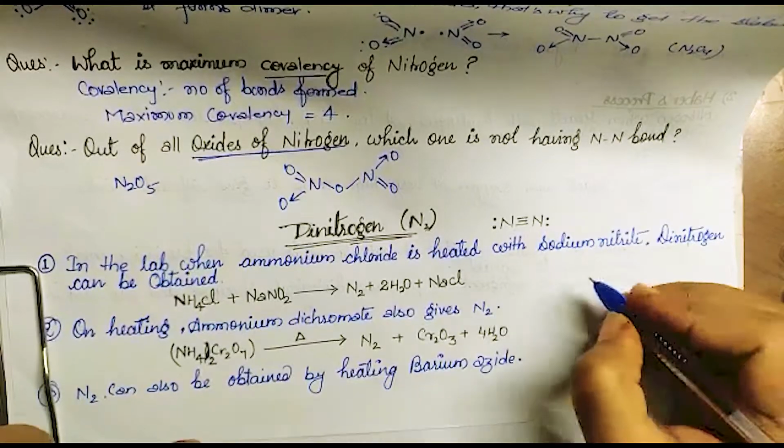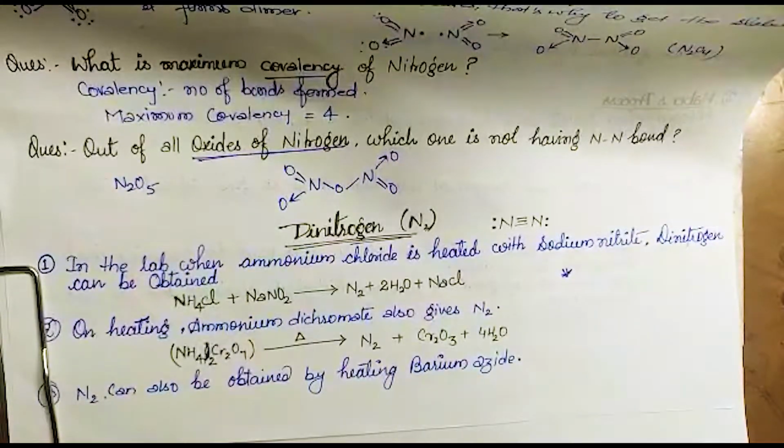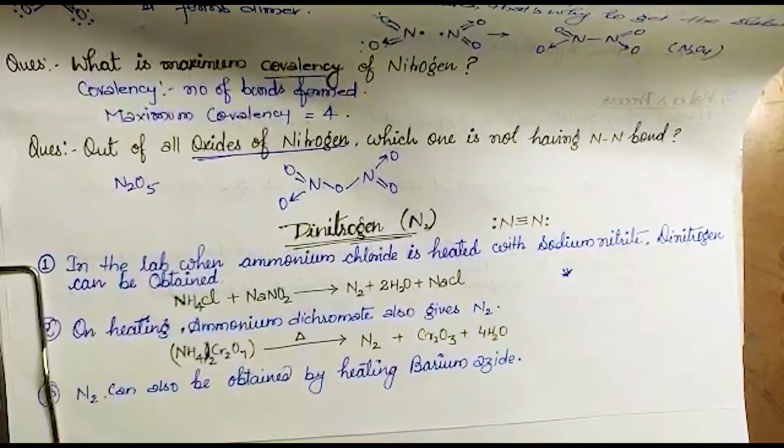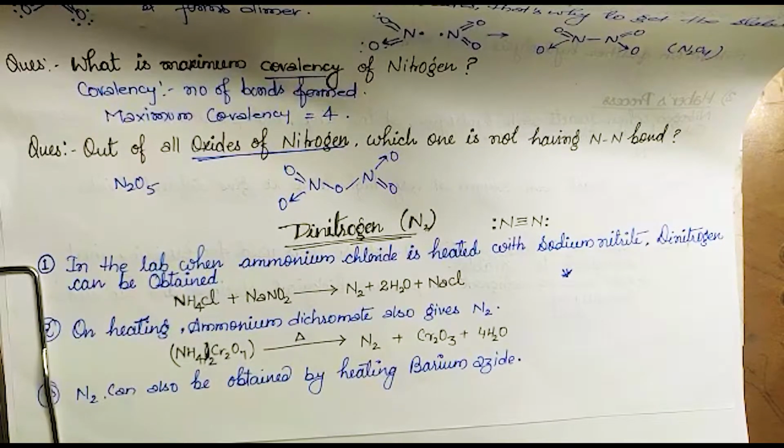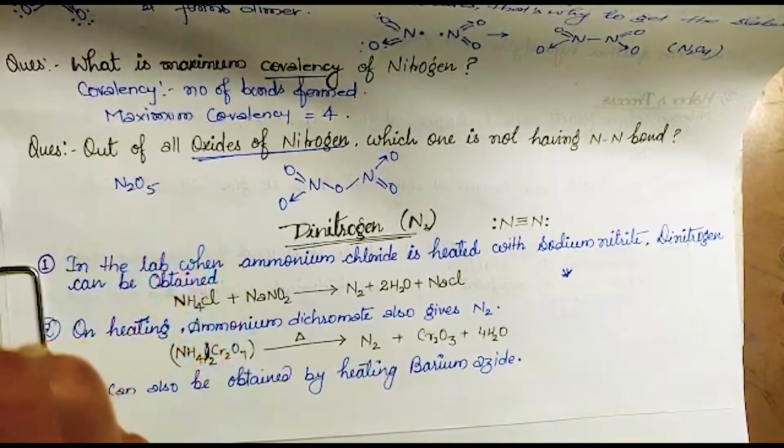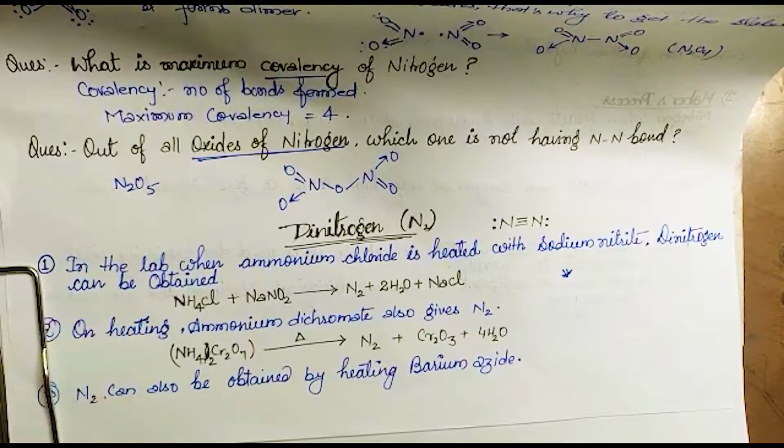You can write it here. Now the second point: if any element is in an intermediate oxidation state and it is reacting, or even hydrolyzing, then the same molecule can undergo oxidation as well as reduction. Are you getting it?